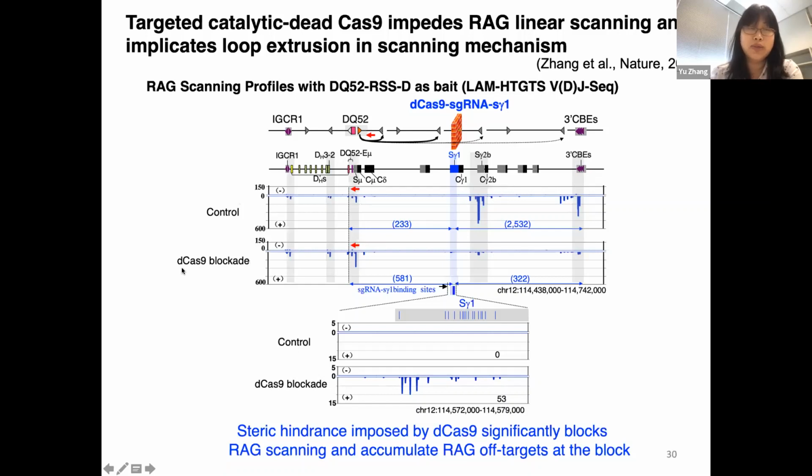Upon introduction of the Cas9 blockade, we see significantly decreased scanning activity in the region past the block, but instead there is accumulation of RAG activity at the S-gamma-1 region. So the steric hindrance imposed by Cas9 can indeed impede RAG scanning and accumulate excessive RAG activity at the block region.